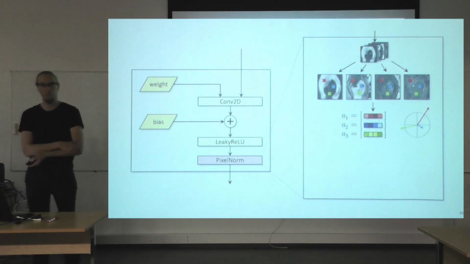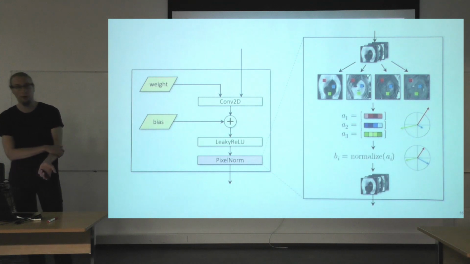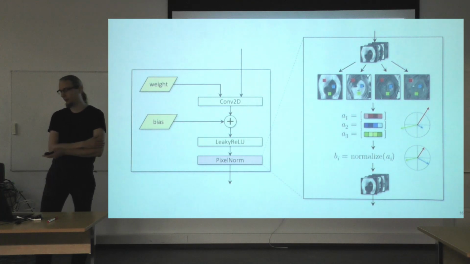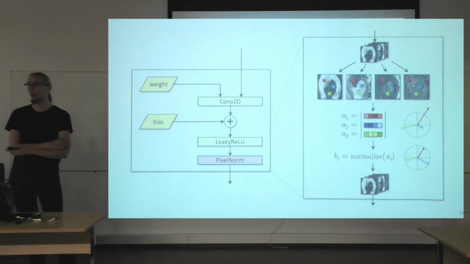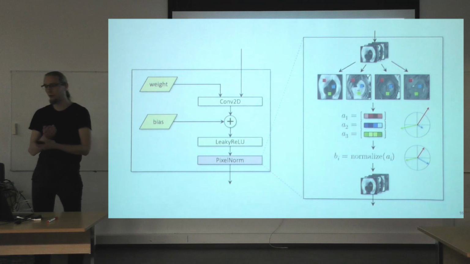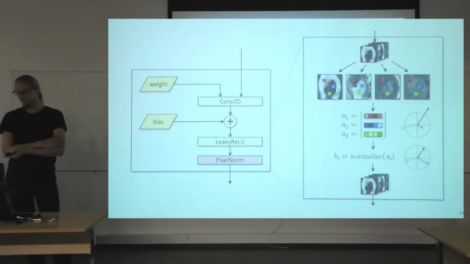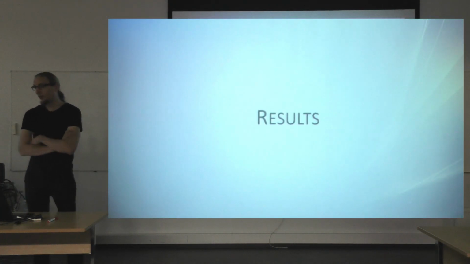And then what we'll do is we'll simply normalize these vectors to produce normalized feature maps. And the surprising thing here is that this kind of normalization doesn't actually appear to harm the generator in any way. We can just do it. And then we don't have the problem of escalating magnitudes anymore. I'll show some results next.